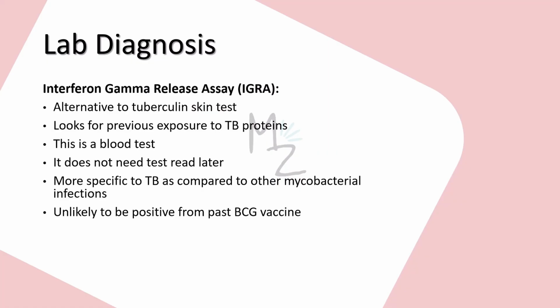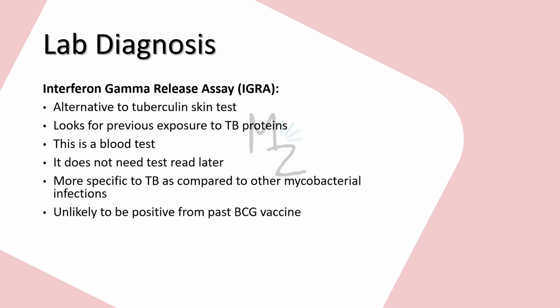The sensitivity and specificity of interferon gamma release assay are as good as those of PPD skin test because the antigens used in the test are specific to Mycobacterium tuberculosis and are not present in BCG. The test is not influenced by whether a person has been previously immunized with BCG vaccine.